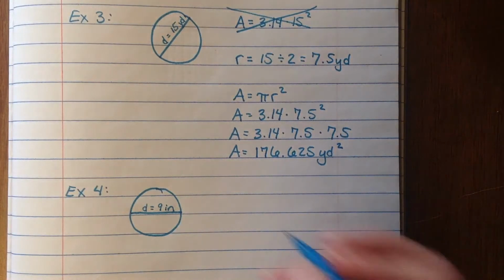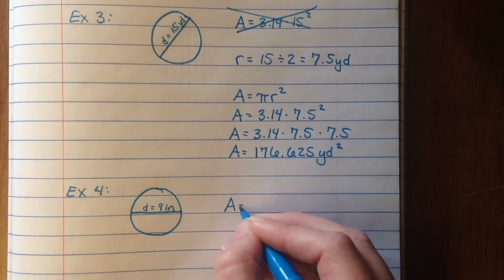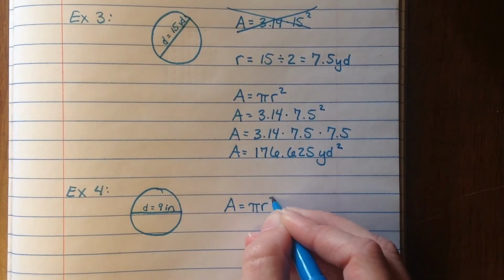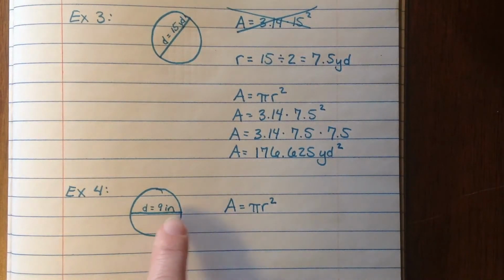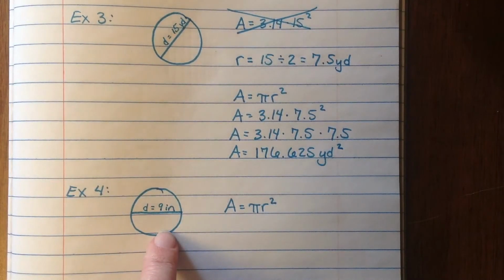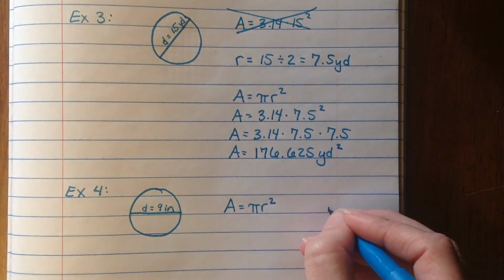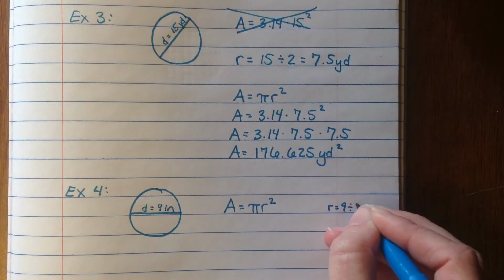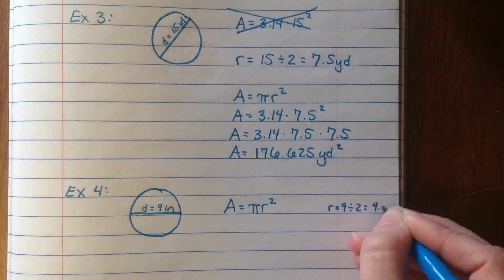We know that our formula is going to be area equals pi r squared. We do not know the radius yet. So take a second, see if you can figure out what the radius should be. Remember, the radius is going to be the diameter cut in half, so we're going to do 9 divided by 2. And that equals 4.5.